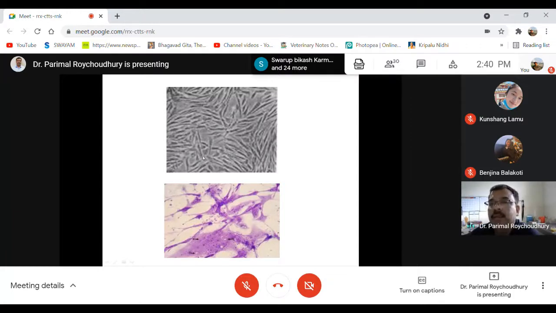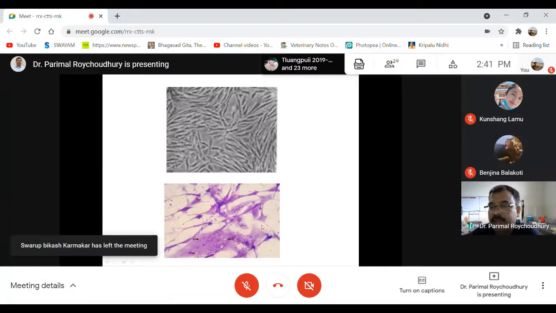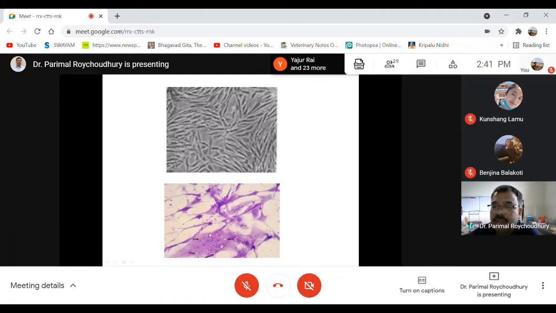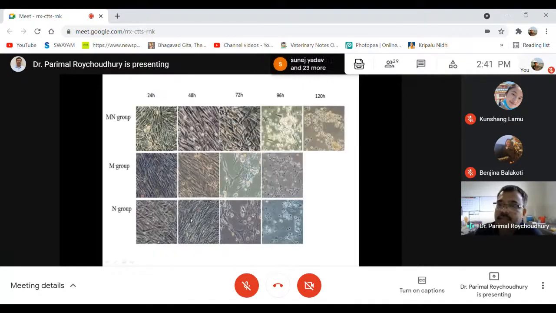Can you see? So when the virus infection takes place, the cytoplasmic membranes of many cells will clump together, and finally they will die. This is the syncytia formation we can see. All the nuclei will get aggregated together in positions, and large empty spaces you can see in the monolayer. This is called syncytia formation, and that's a true indication about the virus group.